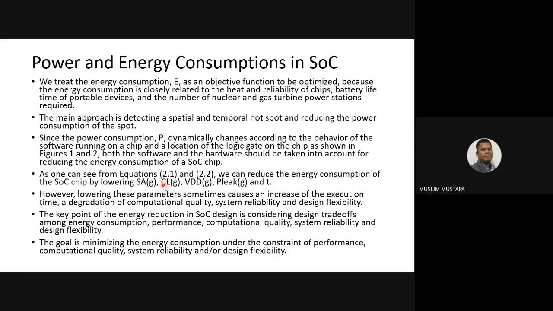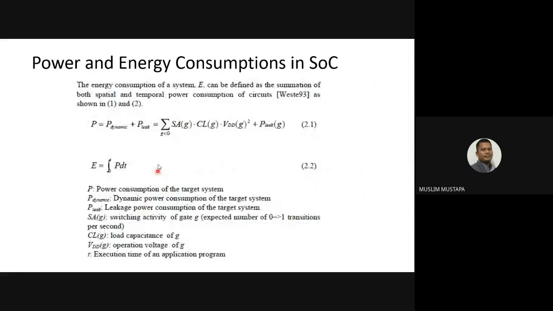The SA switching activity, the CL capacitance load, the VDD, the power supply voltage that we supply to these gates, and also the power leakage that comes from the gate itself.